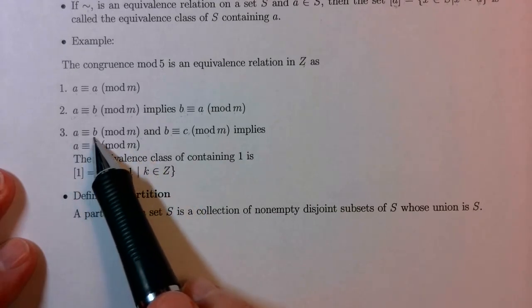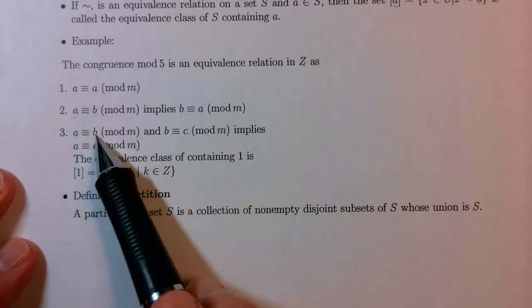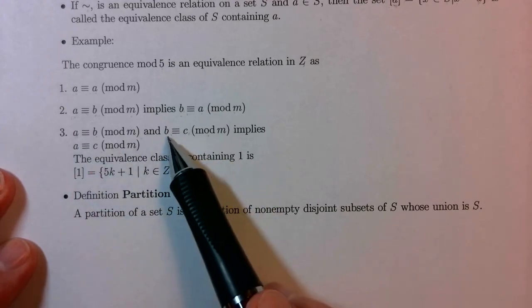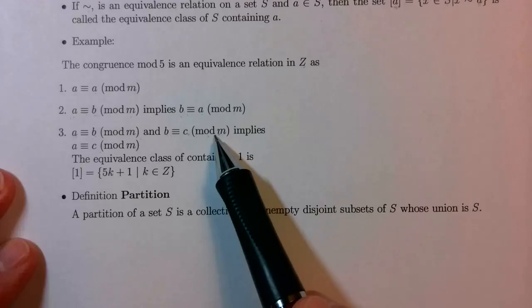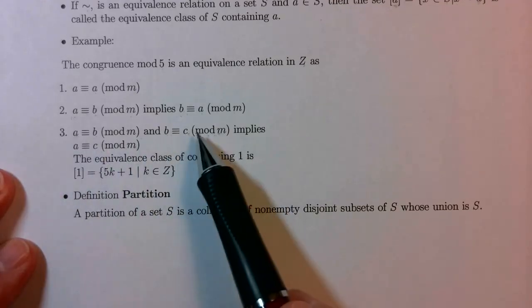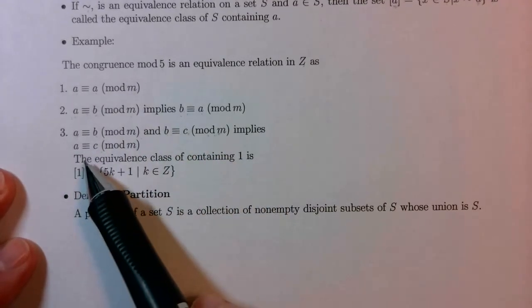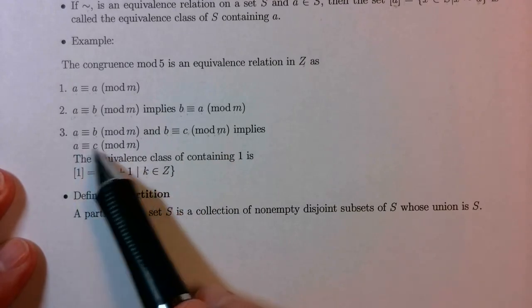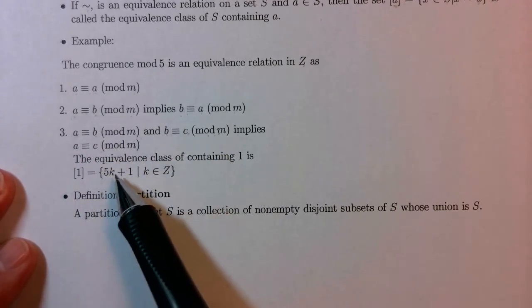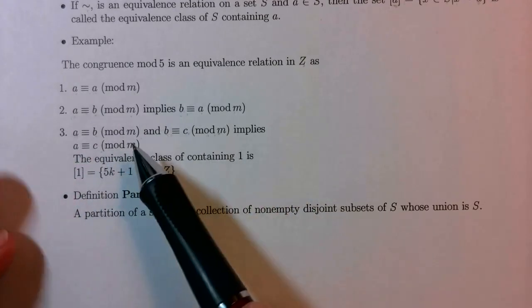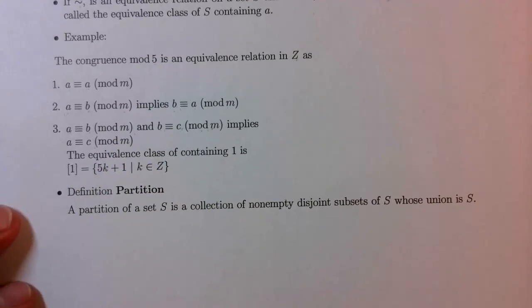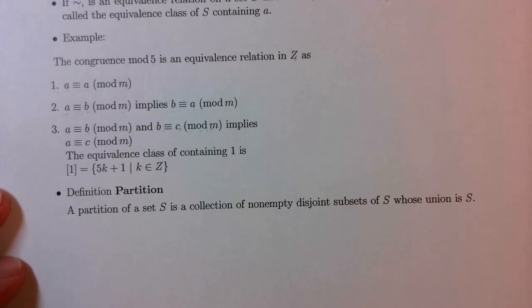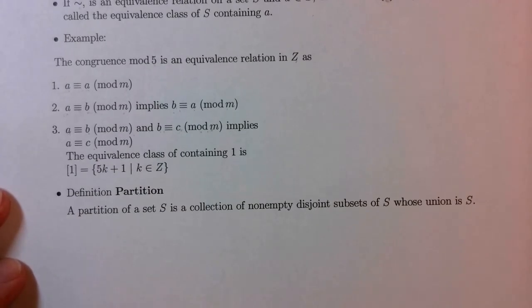Of course, A and B have the same remainder mod m, and B and C have the same remainder mod m, which means that A and C must have the same remainder mod m, so they must be congruent mod m. So, the relation mod 5 in the set of all integers is an equivalence relation.